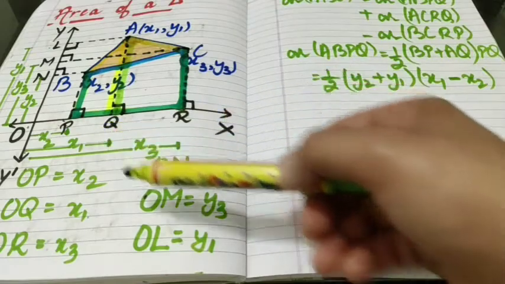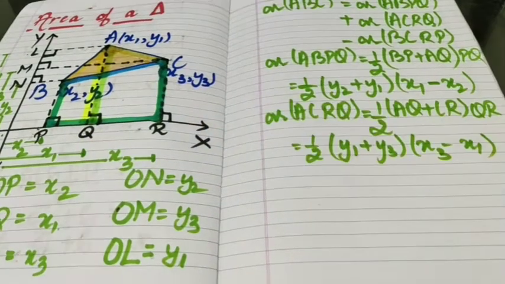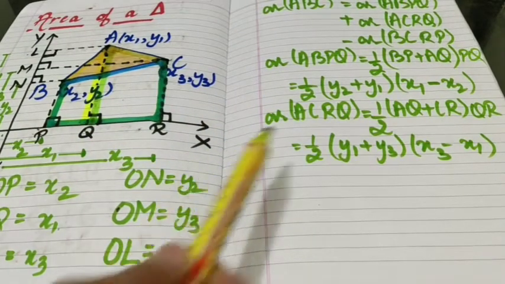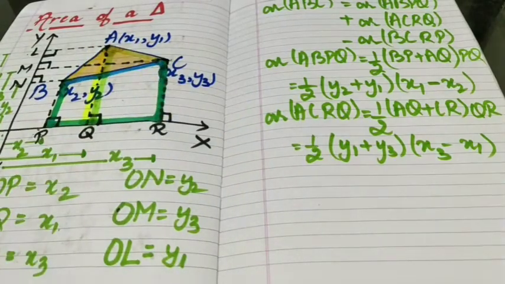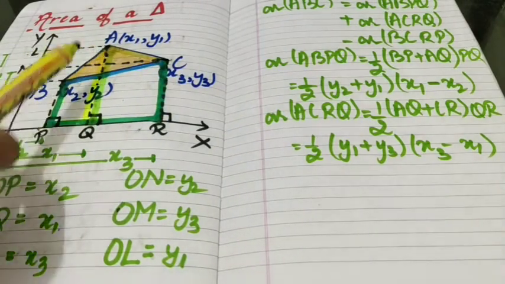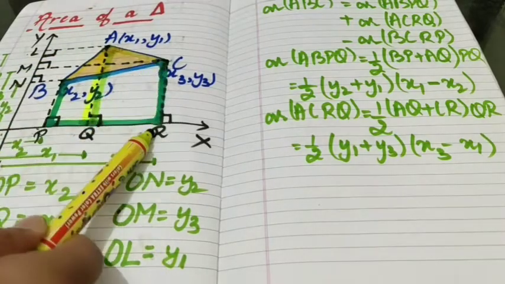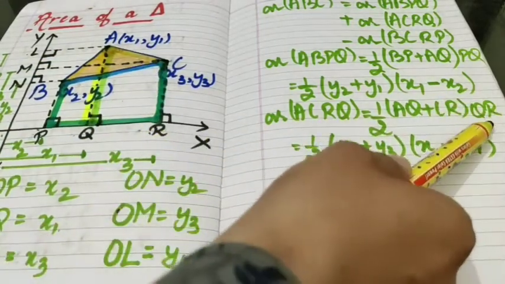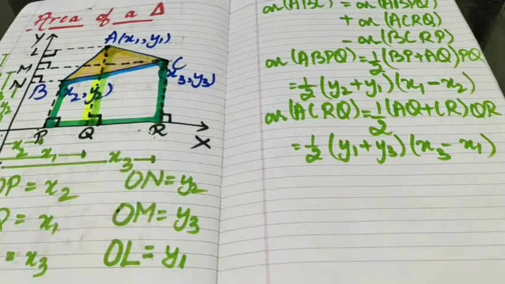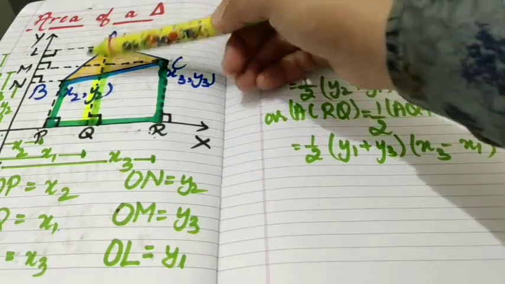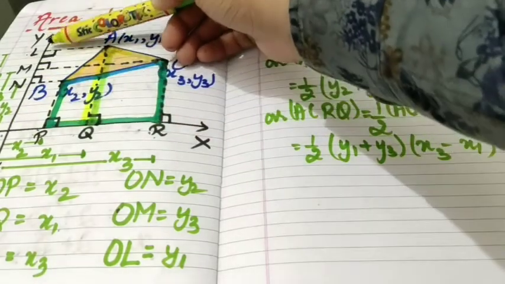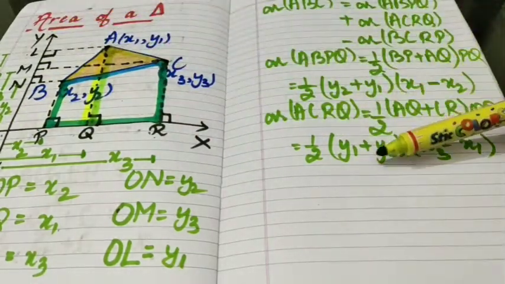Similarly, we will find the area of trapezium ACRQ. The area of trapezium ACRQ equals half into the sum of parallel sides, that is AQ plus CR, into the distance between them, which is QR. The value of AQ equals OL, that is y1.